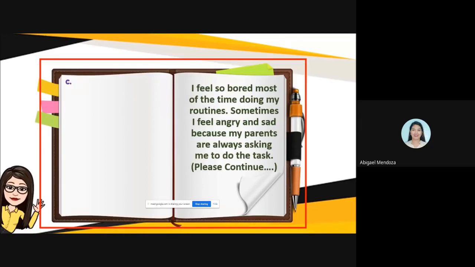So, nakalagay dyan, I feel so bored most of the time during my routine. Sometimes, I feel angry and sad because my parents are always asking me to do the task. O, kasi daw, lagi siyang inuutusan, kaya pagod na siya. Ayun.